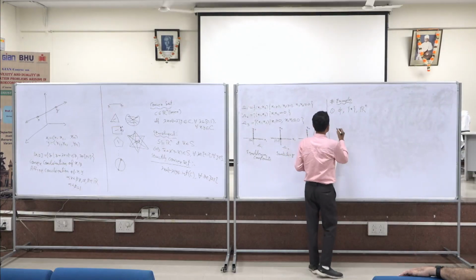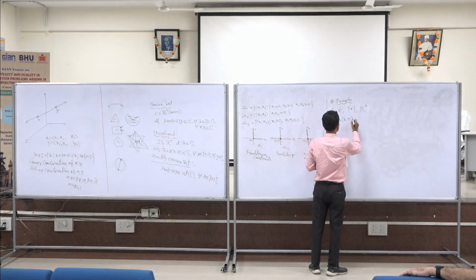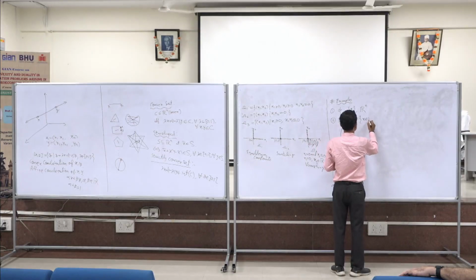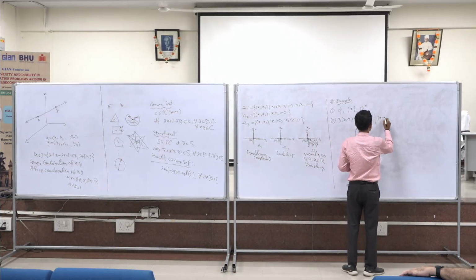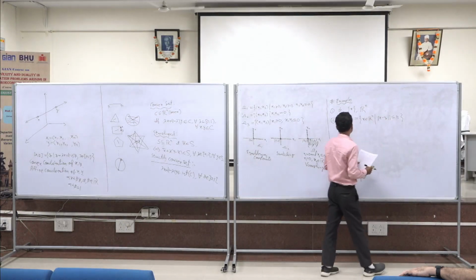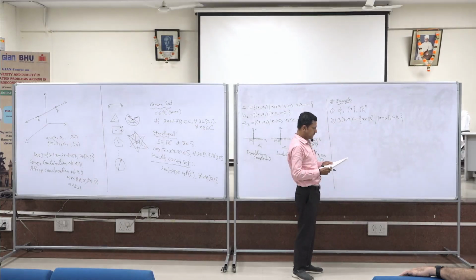Then we can have the Euclidean ball, or any ball with center z and radius R. Suppose it is in Rn, and then the norm of x minus z is less than or equal to R. So this is a closed ball with center z and radius R.